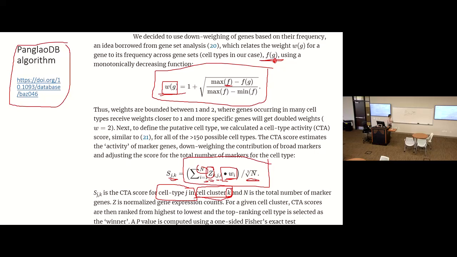At the end, I will build a table, a cell type table. Cell type 1, 2, 3, I don't know how many, but it's a J table.